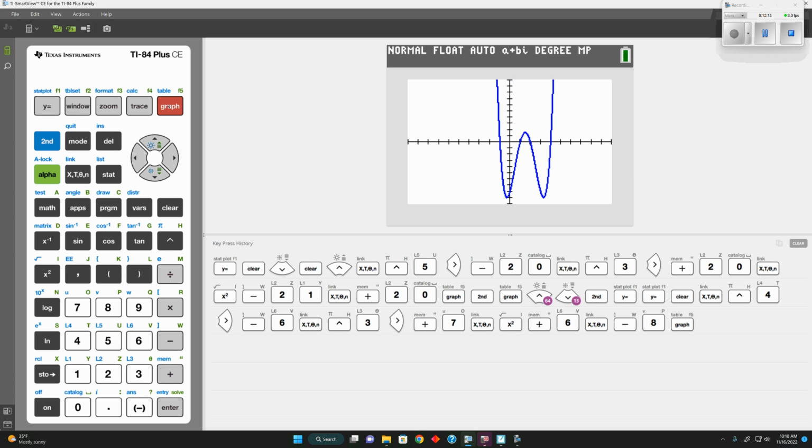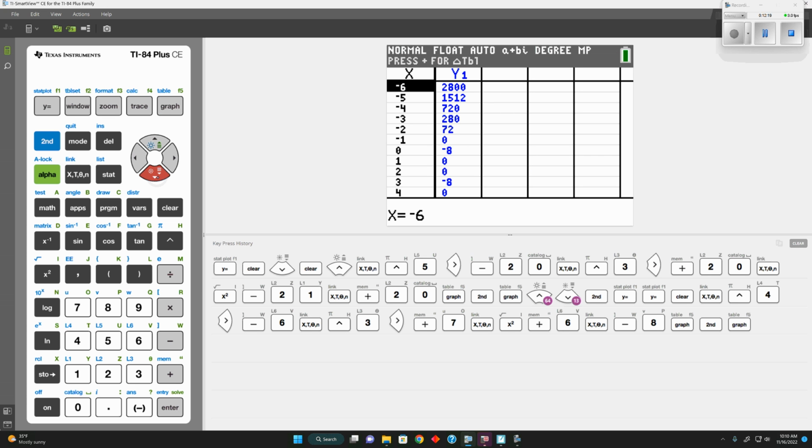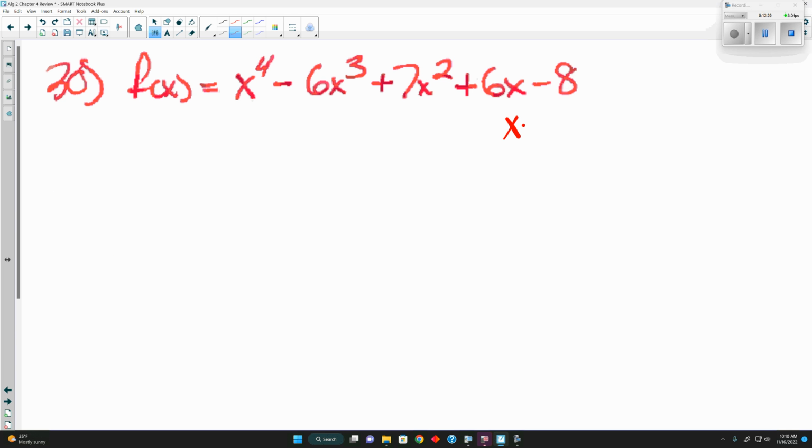So we have these points here, yes? And if we look at the table, it tells us that we have solutions at negative 1, 1, 2, and 4, yes? So it's saying x is equal to negative 1, 1, 2, and 4, yes? How many solutions did we need to find? How many do we have?